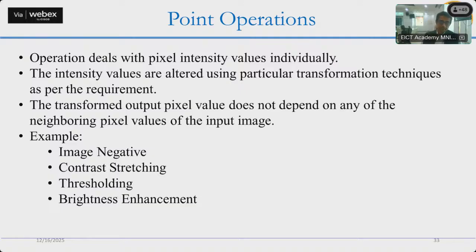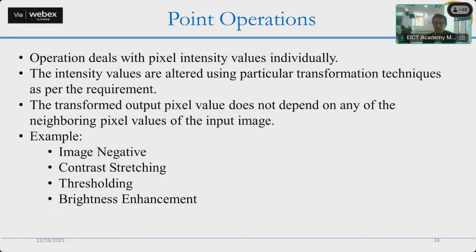Regarding point operations, the operation deals with the pixel intensity values individually. For example, we take the mask in such a way that the central value coincides with the input pixel value where it has to work.